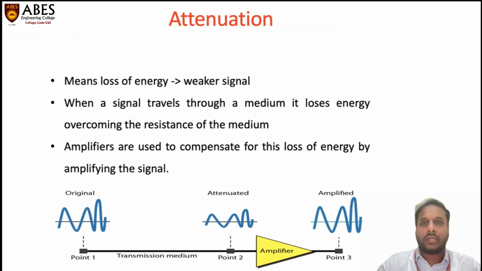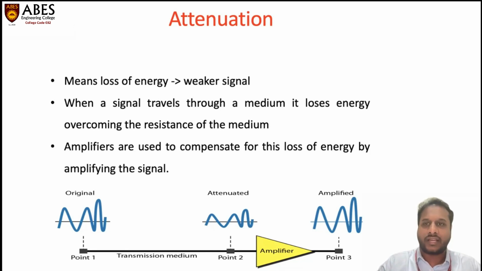So what is attenuation? Attenuation generally means a loss of energy. When a signal travels from sender to receiver, if there is a higher distance from one side to another, then at a certain distance the signal loses strength, or we can say it loses energy.